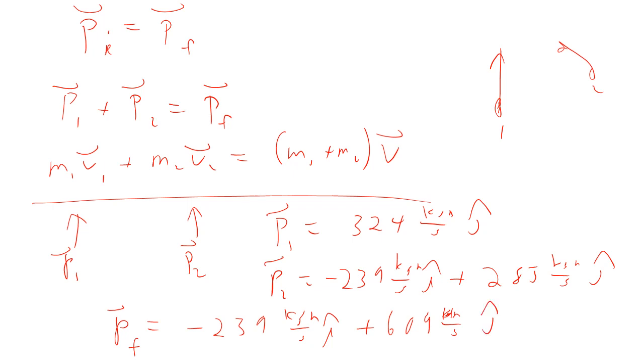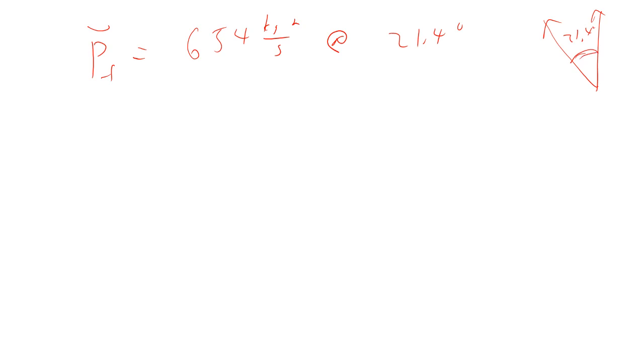Okay, so now the Pythagorean theorem would tell us that the final momentum is 654 kilogram meter per second at an angle of 21.4 degrees from downfield. So 21.4 degrees to the left of downfield.